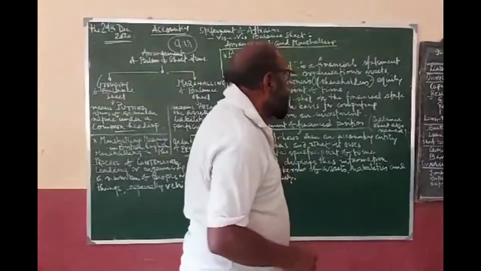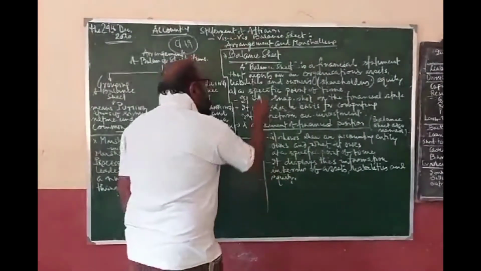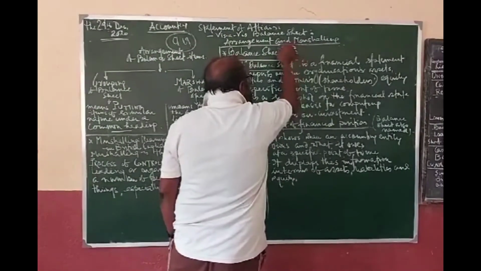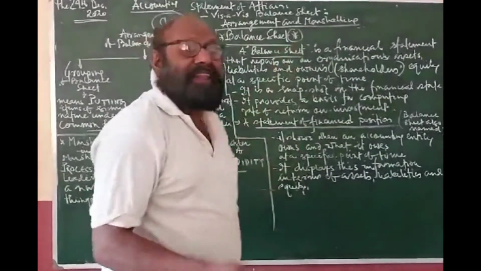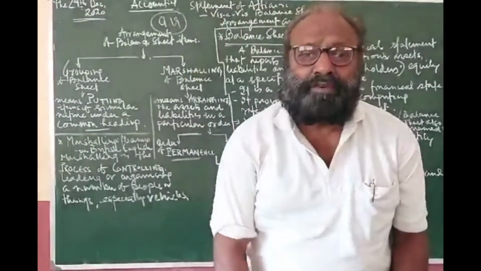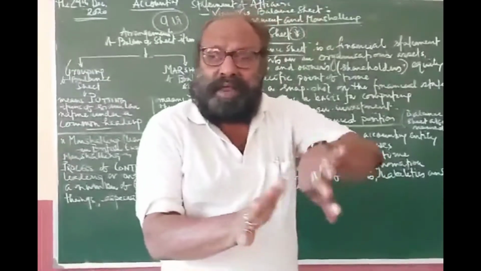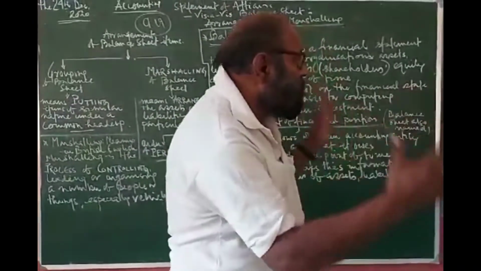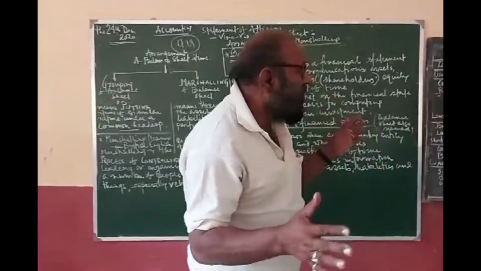Now, first of all, before going for marshalling, I would like to clear the term balance sheet in detail. What is balance sheet? If you see what you have done so far, balance sheet is a statement having two sides.